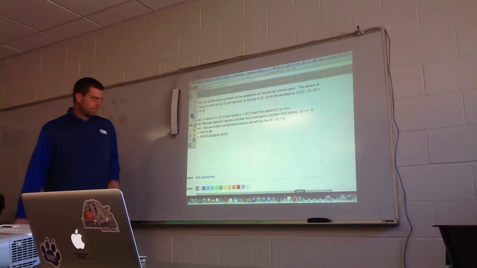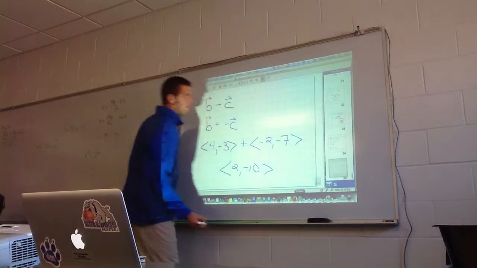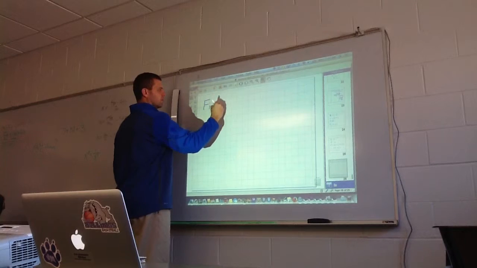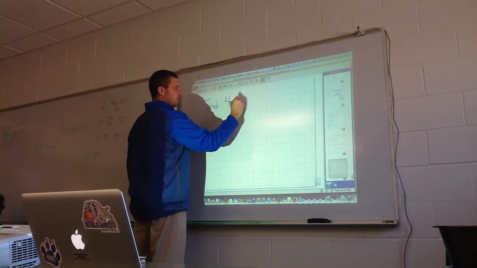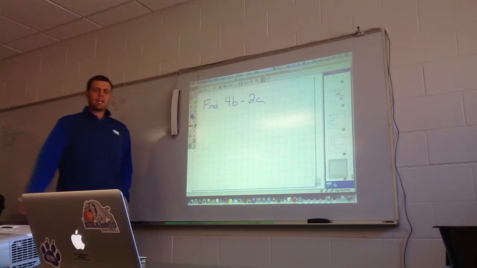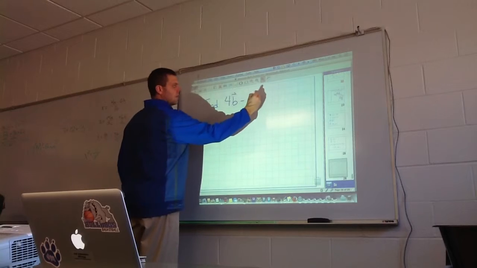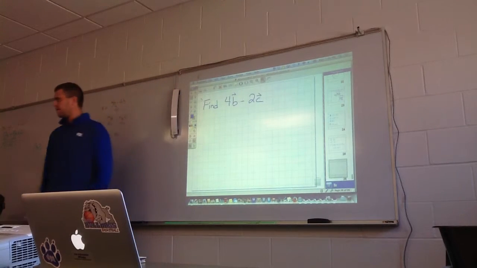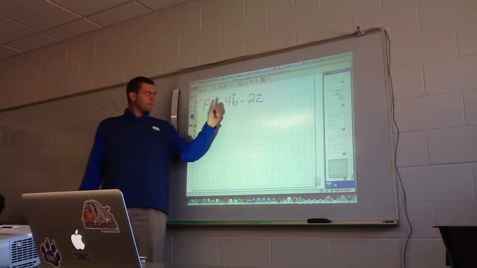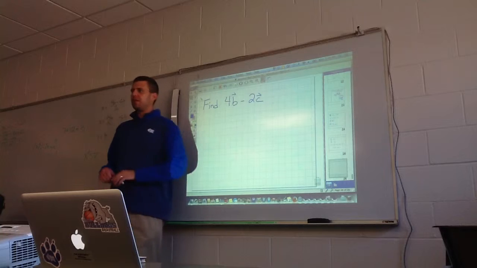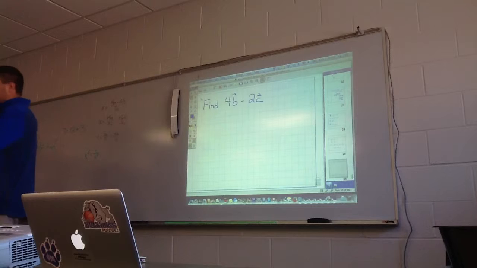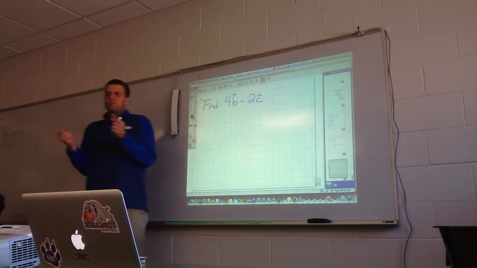Scalar multiplication. Let's say you were asked to do this. You just distribute. 4 times vector B, basically you're going to take vector B and give it 4 times its strength, or 4 times its force.